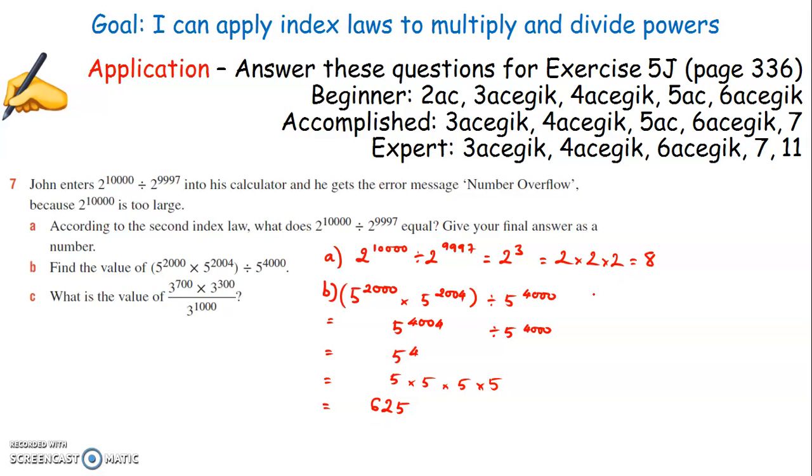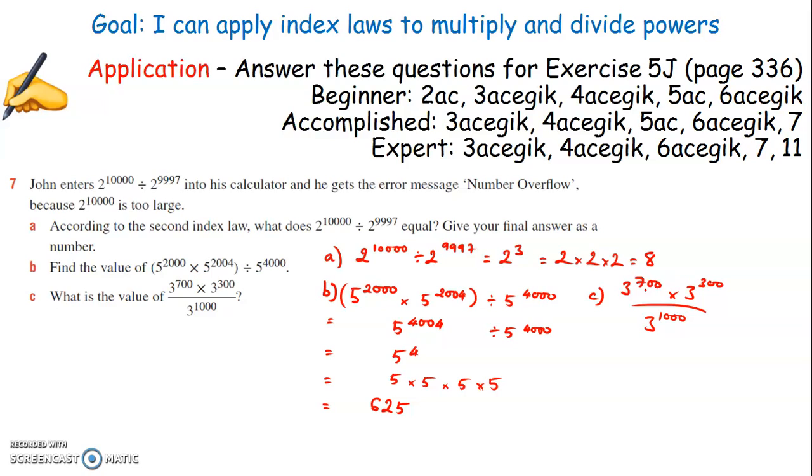And then finally we have C, which is 3 to the power of 700 times by 3 to the power of 300 and divided by 3 to the 1000. Okay, so let's do the top first.